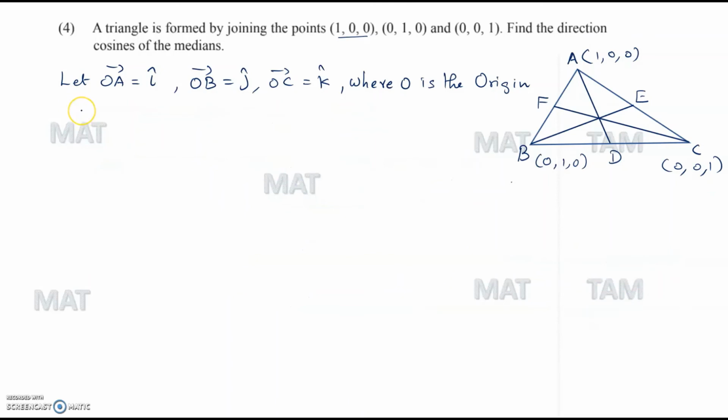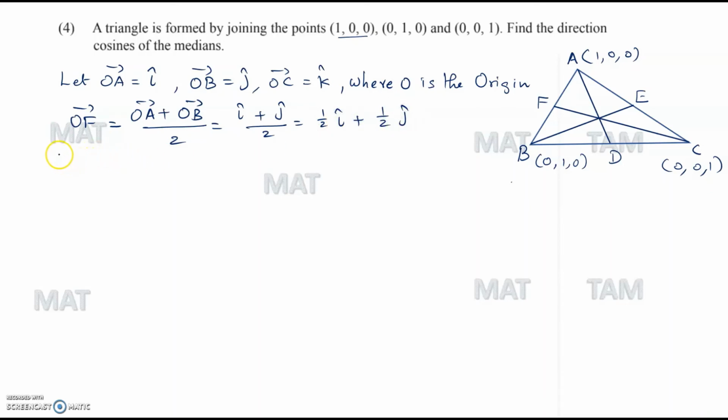Now let's find the last median's direction cosines, which is CF. So to find CF, you need to first find OF. So our vector OF is nothing but vector OA plus OB divided by 2. That would be (i cap plus j cap) by 2, or I can write this as 1 by 2 i cap plus 1 by 2 j cap.